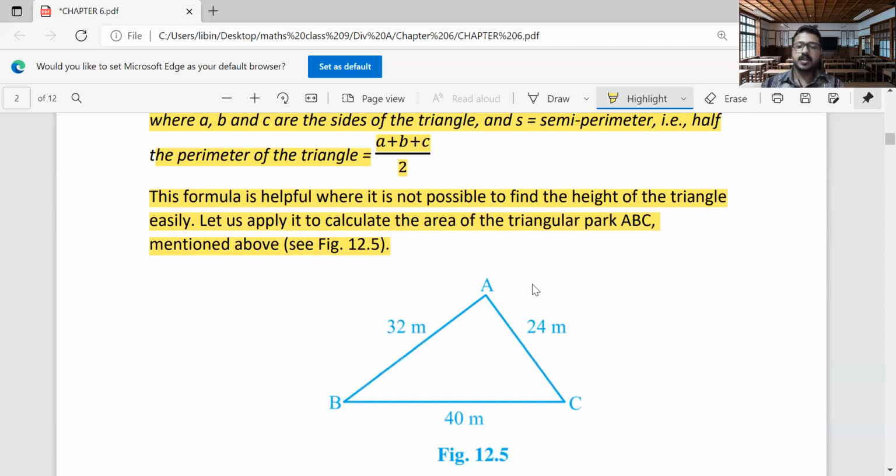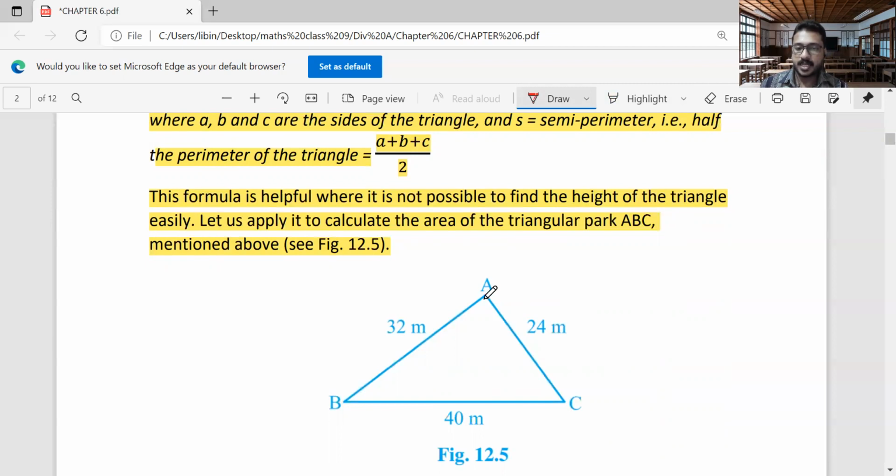As mentioned above, this is a triangular park. Here the height of the triangle is not mentioned, and we don't know how we can find it.